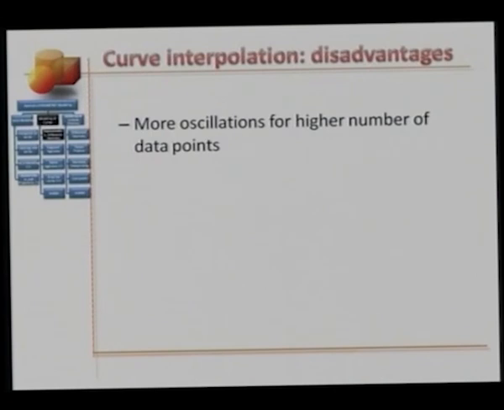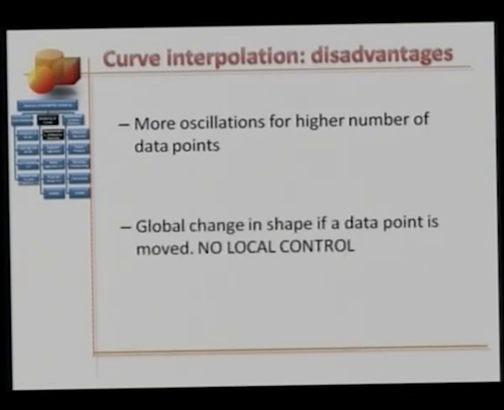The more the n, the more would be the oscillations. The less the n, or the less the degree of the curve, the better for us. The second point: global change in shape is observed if any data point is moved. In other words, curve interpolation methods do not offer local shape control to a designer.